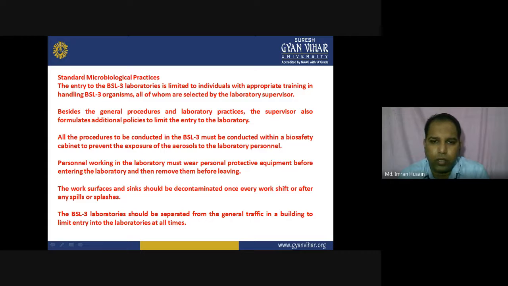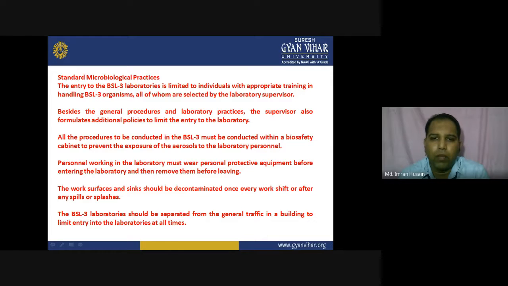Besides the general procedures and laboratory practices, the supervisor also formulates additional policies to limit the entry to the laboratory. Okay, entry to such laboratories is very limited. All the procedures conducted in BSL-3 must be conducted within the biosafety cabinet to prevent the exposure of aerosol to the laboratory personnel.